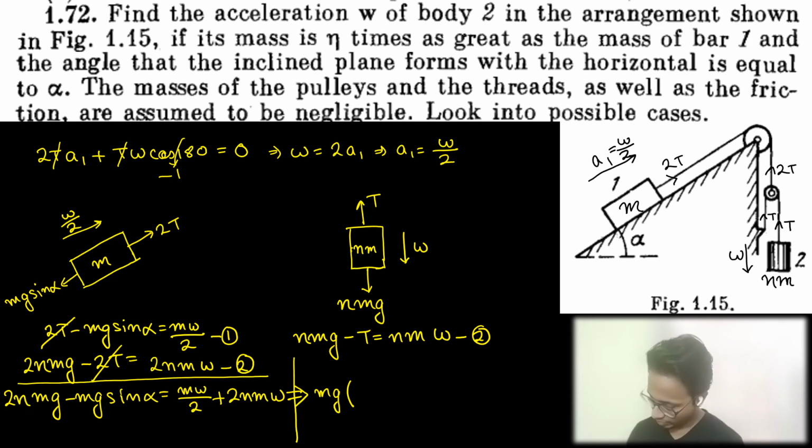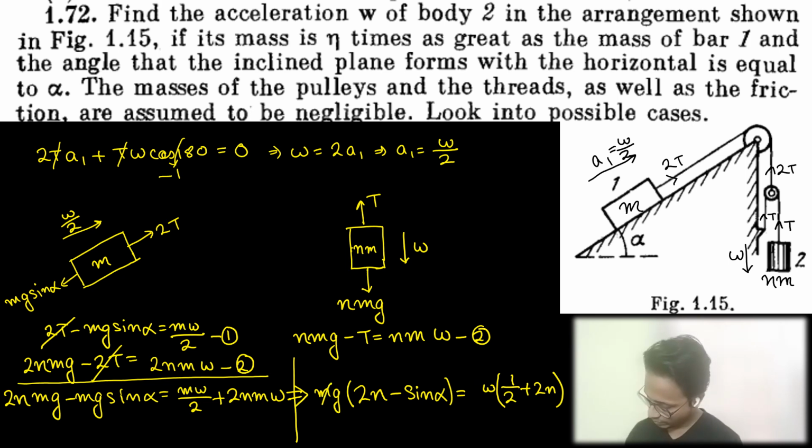So here it would be 2n minus sine alpha is equal to, can I take m omega common from the right hand side? So it is equal to m omega into 1 by 2 plus 2n. The m gets cancelled.